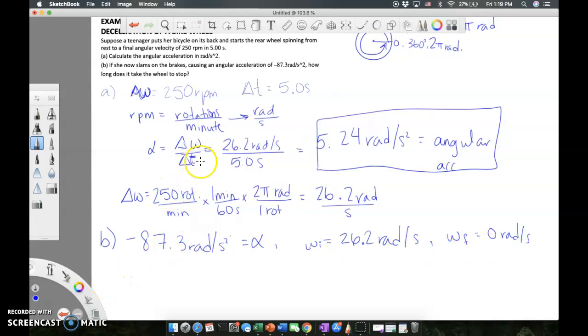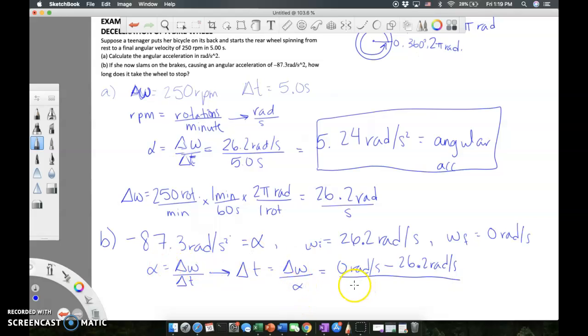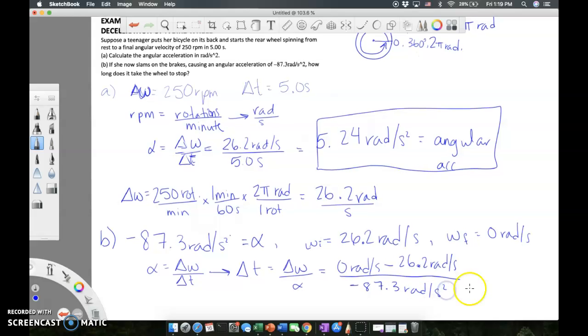Let's go ahead and manipulate this equation to solve for how long that would take. Our time would be equal to delta omega over alpha, and so it's final minus initial, that would be our difference, divided by our alpha, which is negative 87.3 radians per second squared.